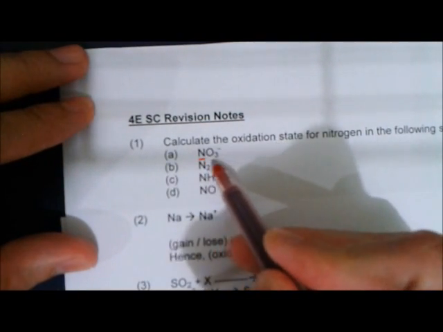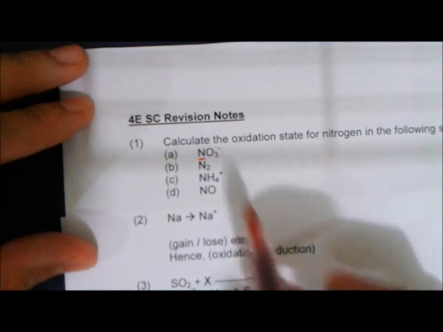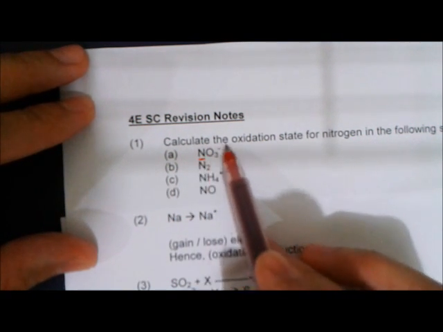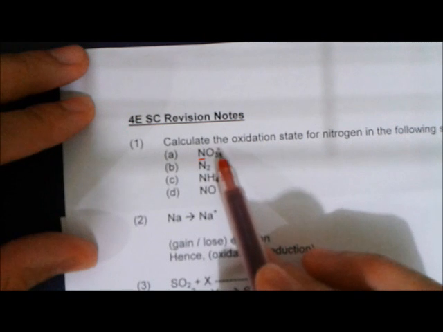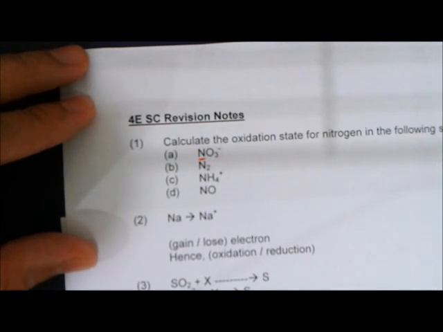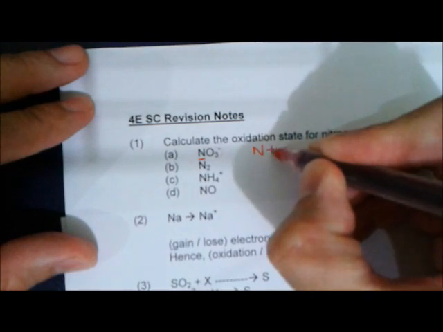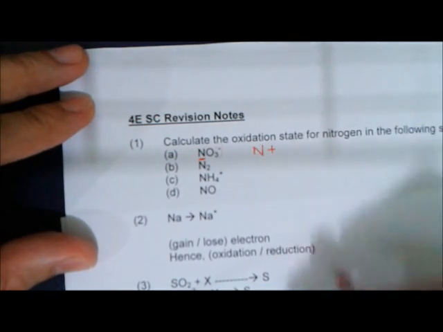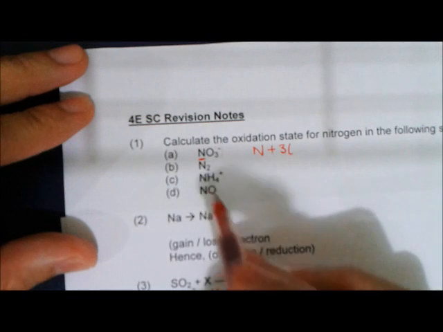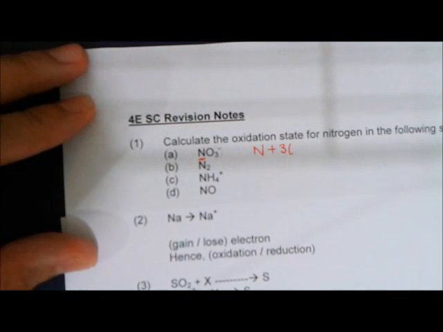First thing is the whole thing. What is the oxidation state of this compound, of this nitrate ion? It is actually -1. So N plus 3 oxygen. What is the oxidation state of oxygen? That means you have to ask yourself, what is the charge of oxide ion?